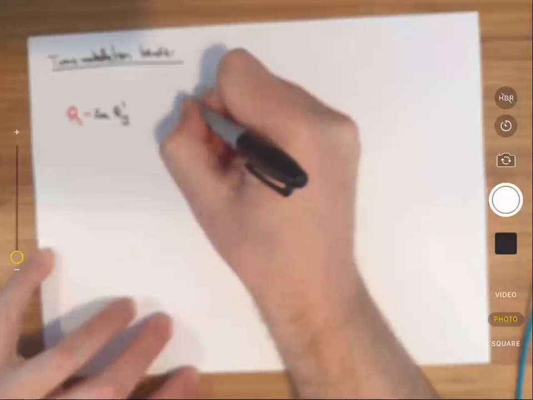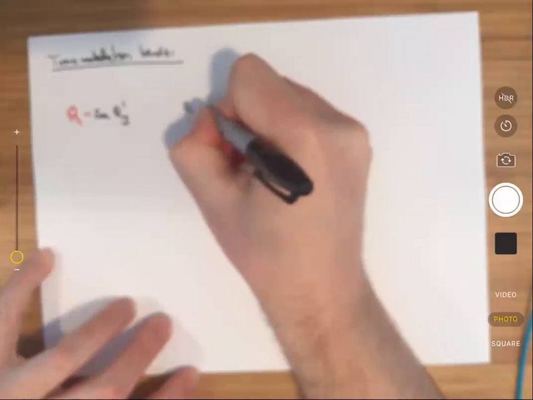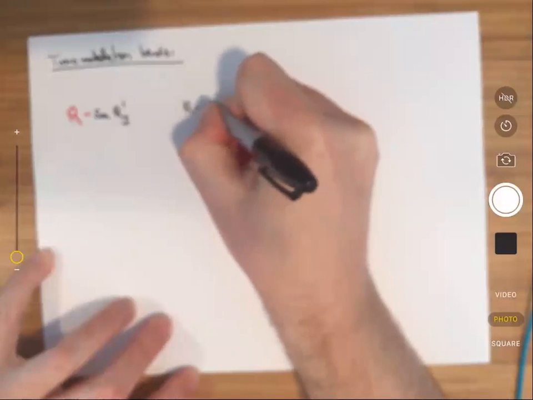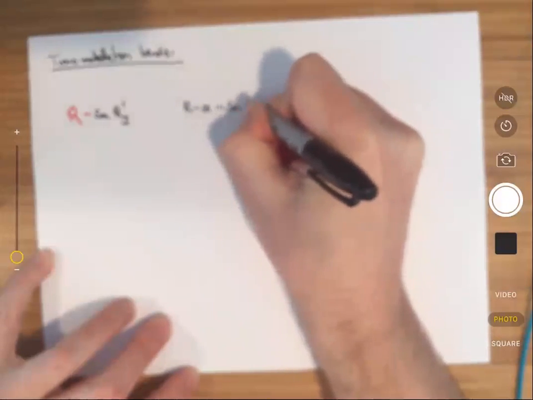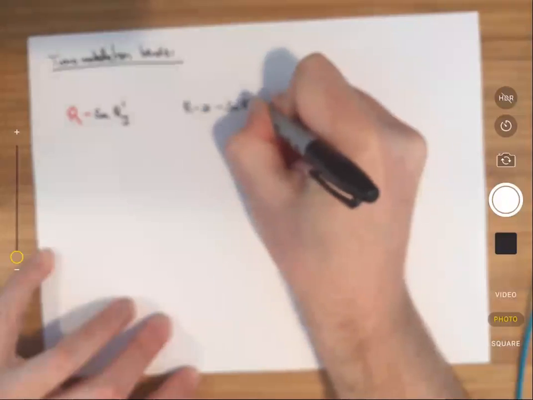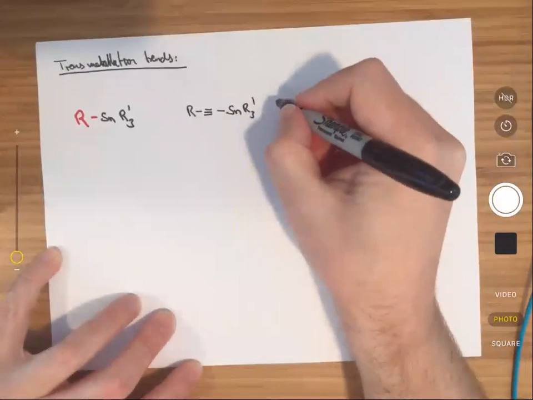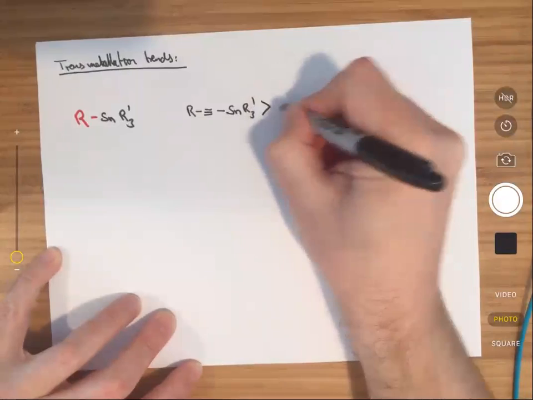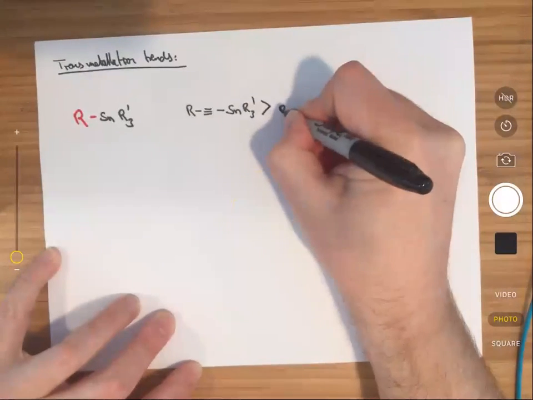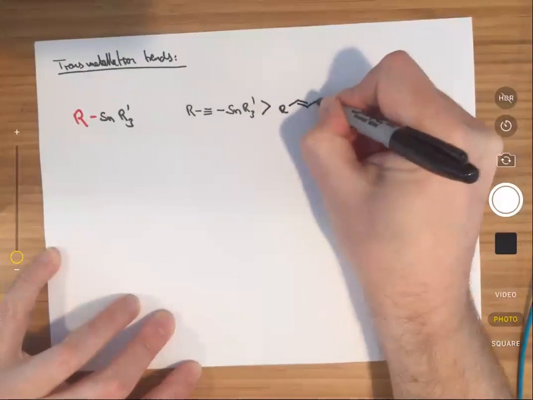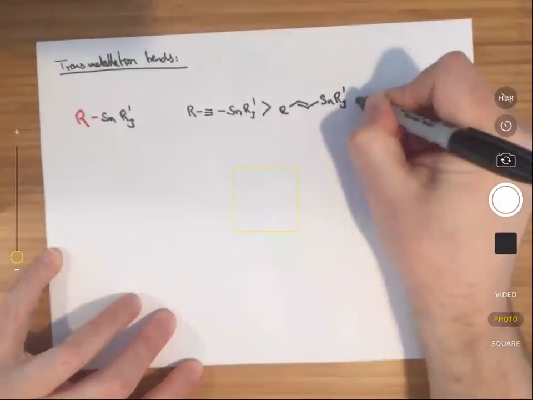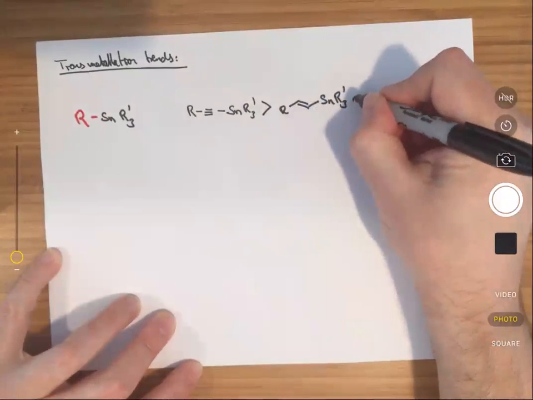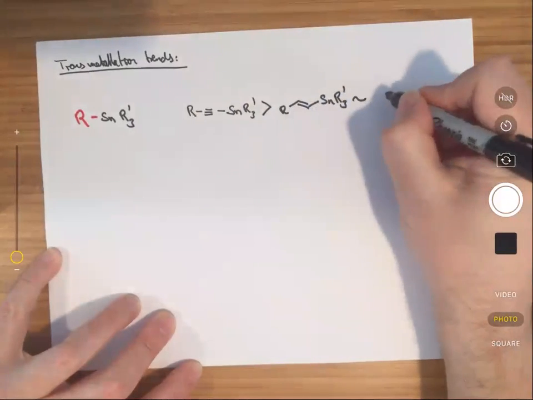So that leads to a trend that, for example, alkynes attached to our stannane, SnR3 prime, are much faster transmetallated than, for example, vinyl substituents, SnR3 prime. And those are more or less the same as aryl substituents.